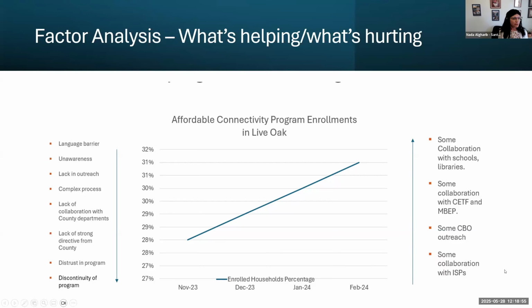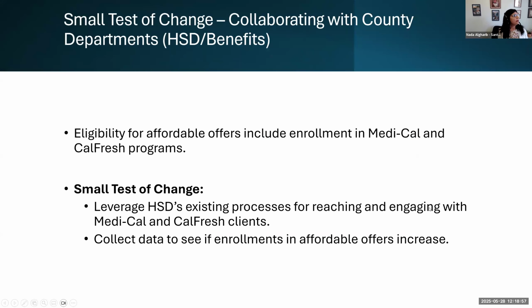And the next step, for my small test of change, I selected this factor to see if I tackle this factor, if I change it, maybe I can improve the enrollment. I selected the Human Services Department because I wanted to leverage their work.